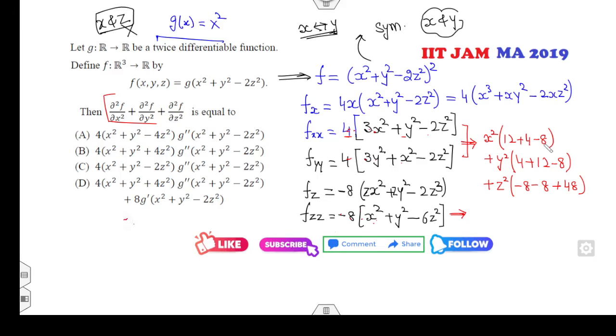So it is 16, 8x square plus 8y square. It is 16 minus करेंगे यहां से. Fine. So that will be 32 z square. So first two are positive. So you can see this number is negative. This number is negative.